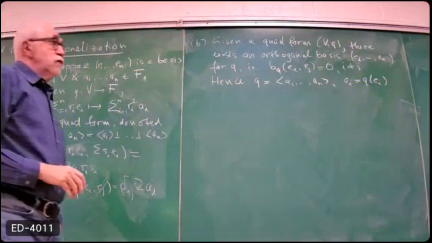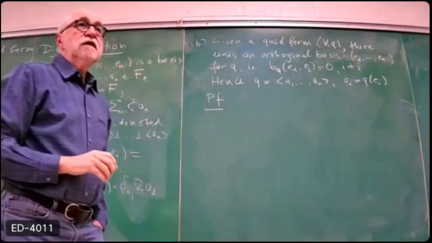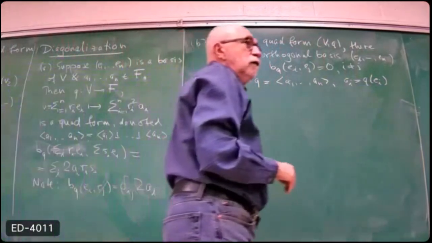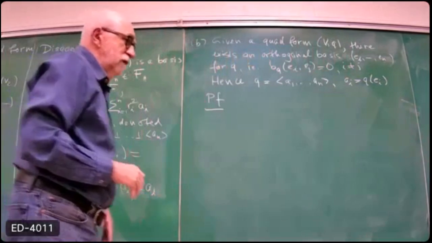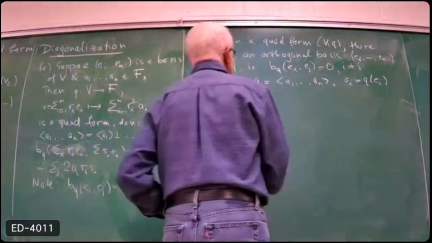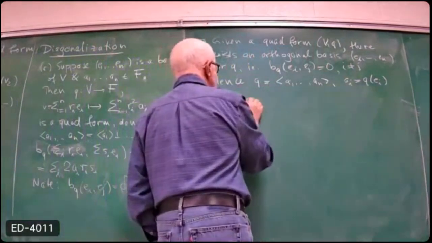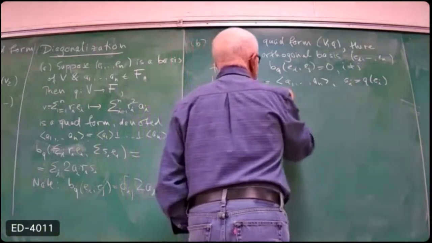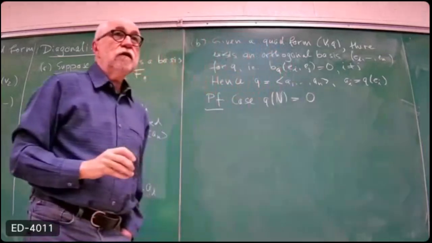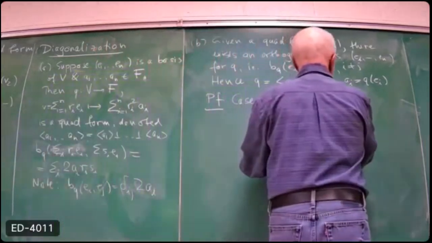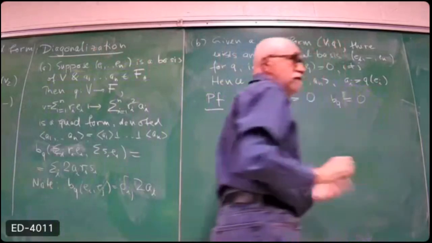So how do you construct the basis? Well, it works by induction on dimension. So we look at the full vector space V, and we distinguish two cases. If you have the case that Q of V is completely zero, then this implies that the polar form is completely zero, it is totally zero.